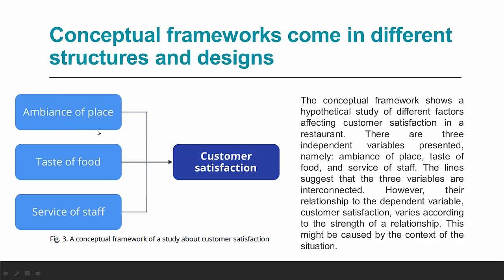If you have good ambience in your restaurant, it depends upon the customer satisfaction. You have a variety of food, it depends upon the customer satisfaction. You have the service of staffs, different types of people doing service in your restaurant. It varies also on the customer satisfaction. So these are dependent and this is independent.